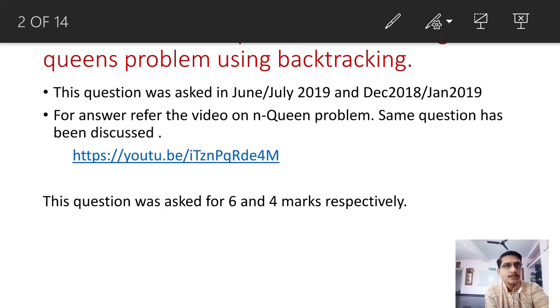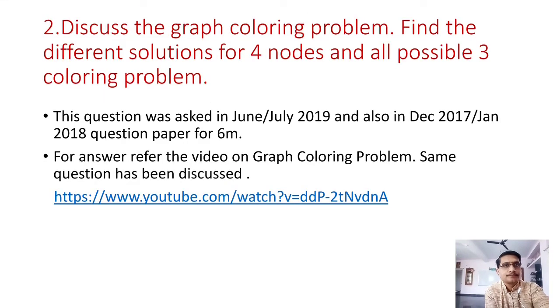The second question is: discuss the graph coloring problem. Find the different solutions for 4 nodes and all possible 3 coloring problems. Again, this question was asked in July 2019 and also in December 2017, January 2018 for 6 marks.